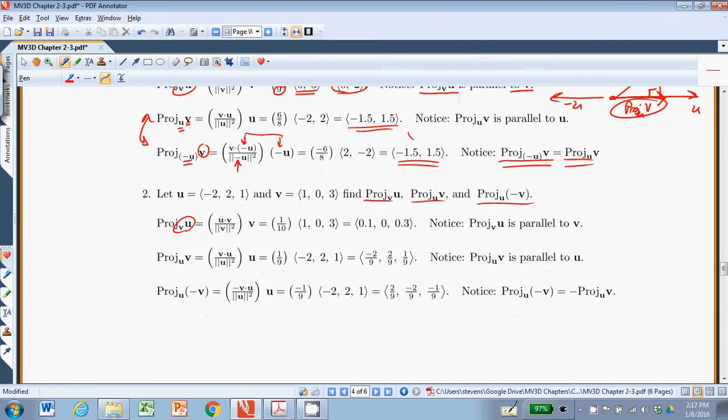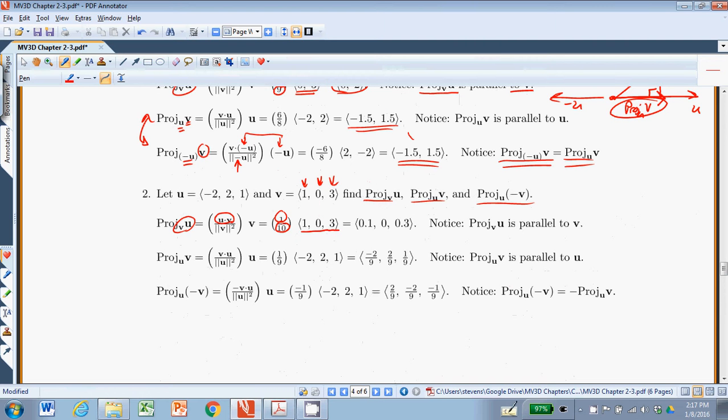By the way, it doesn't matter whether you're doing u onto v or v onto u. You're going to get that same dot product up top. That's negative 2 plus 0 plus 3, which is 1, divided by the size of v squared, which is 1 plus 0 plus 9, that's 10, times v.